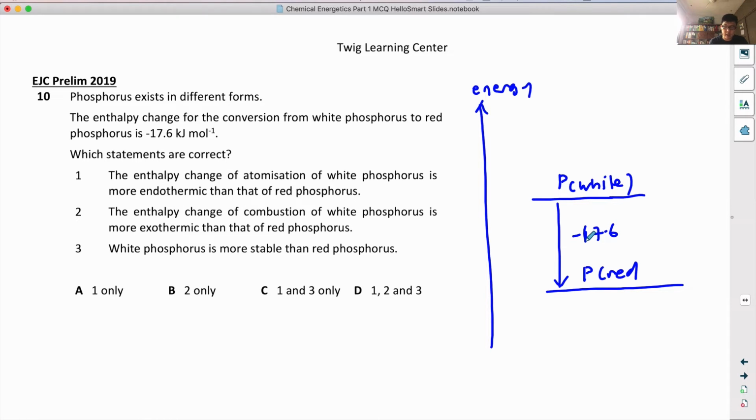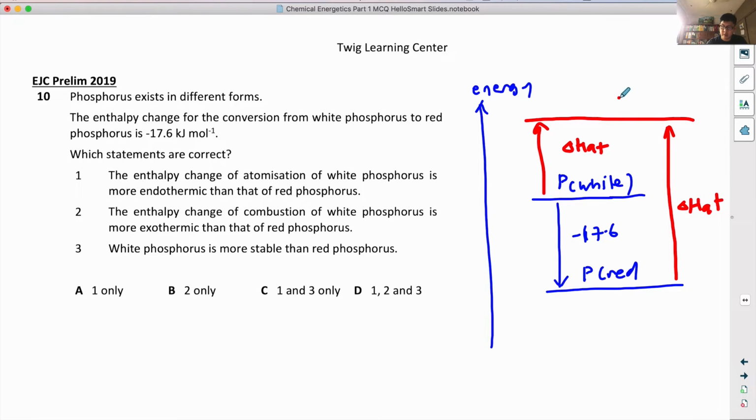Okay, so let's look at the next part. They say enthalpy change of atomization of white phosphorus is more endothermic. So atomization is actually an endothermic value because you're making them into gaseous atoms. So this is atomization of white phosphorus, and this is atomization of red phosphorus.